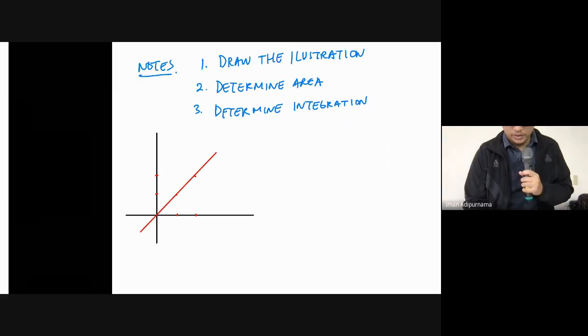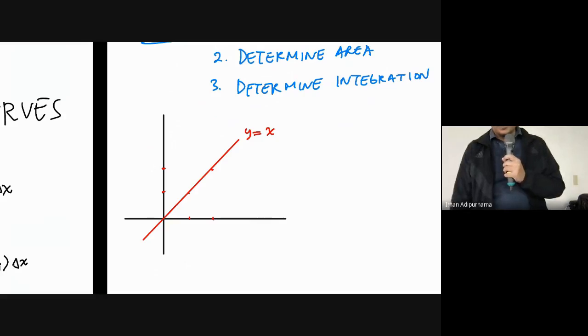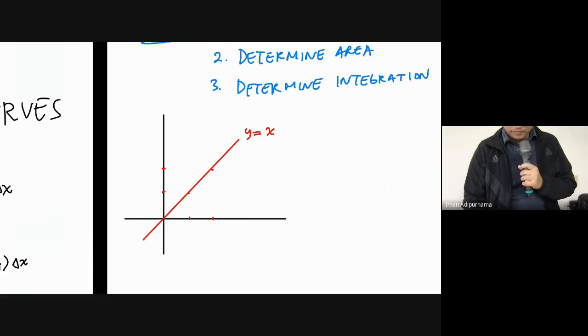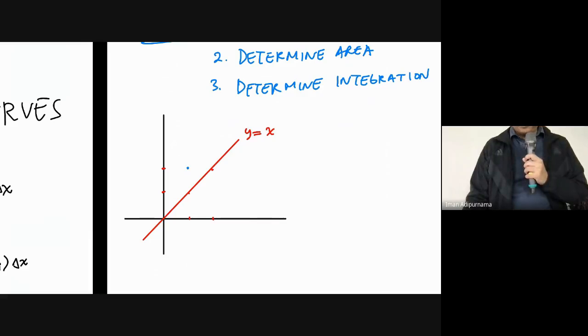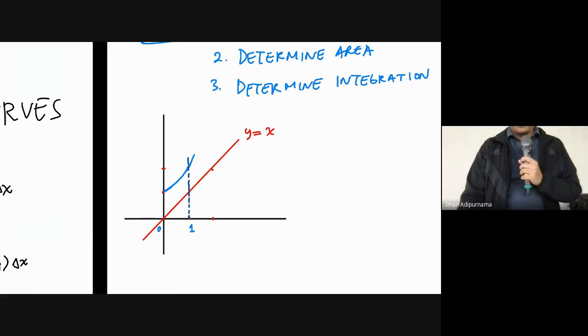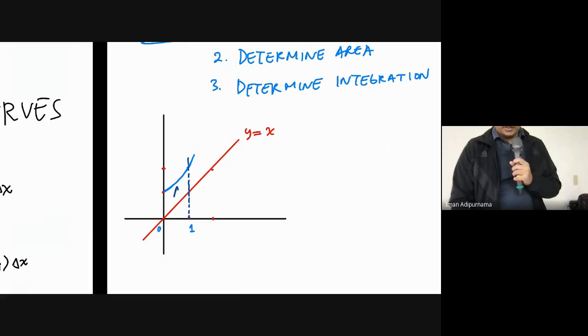Yeah, let's say that's y equal x. And the other part here. This is 0, this is 1. So you will get the area is here.